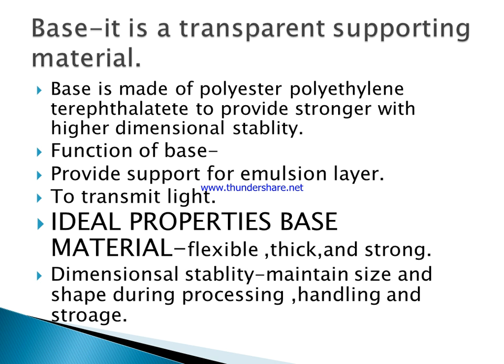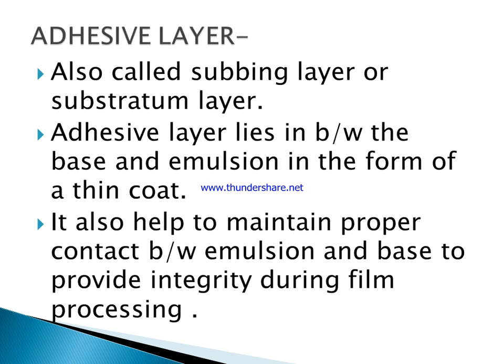It also provides strength with higher dimensional stability. Its function is to provide support for the emulsion layer and to transmit light. Ideal properties of the base are that it is flexible, thick and strong. Dimensional stability helps to maintain size and shape during processing, handling and storage.